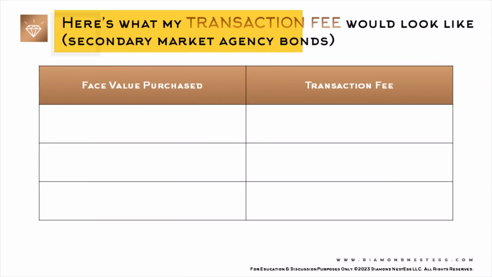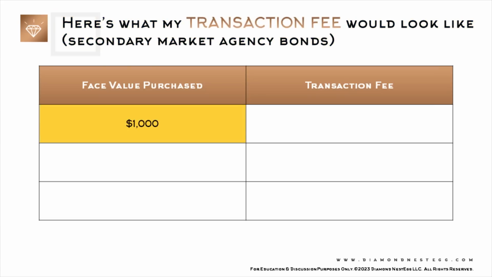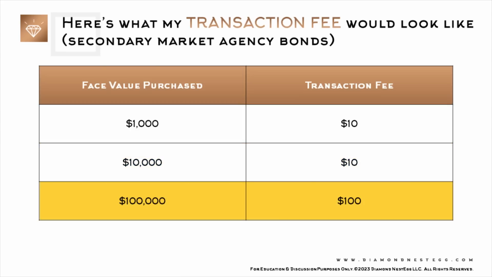So, here's what my transaction fee would look like if I were to purchase secondary market agency bonds on Schwab. For a $1,000 face value purchase, the transaction fee would be $10 because of the $10 transaction minimum. For a $10,000 face value purchase, the transaction fee would also be $10. For a $100,000 face value purchase, the transaction fee would be $100.